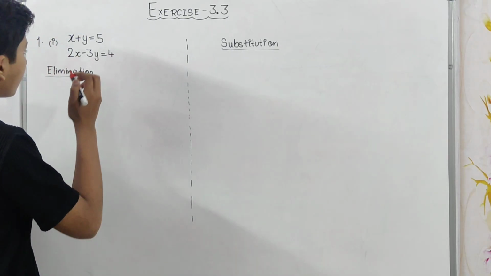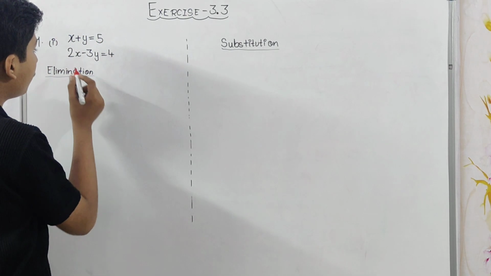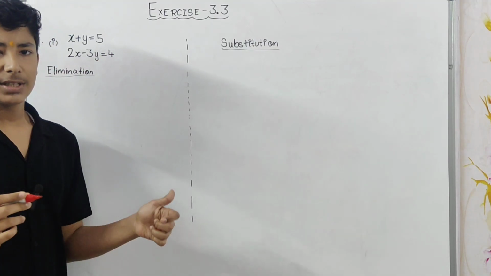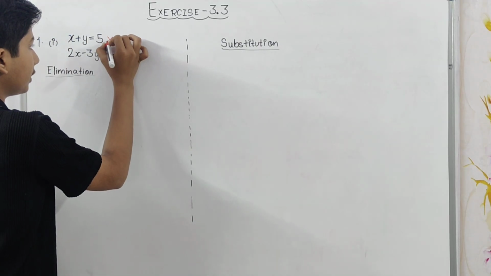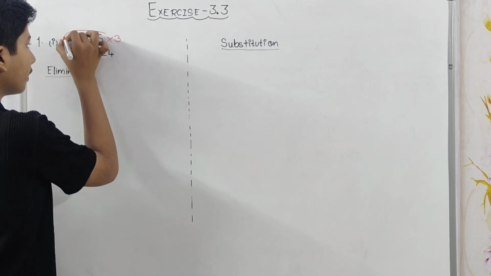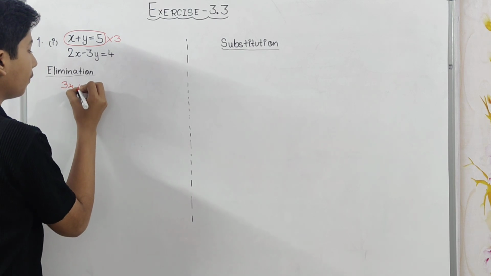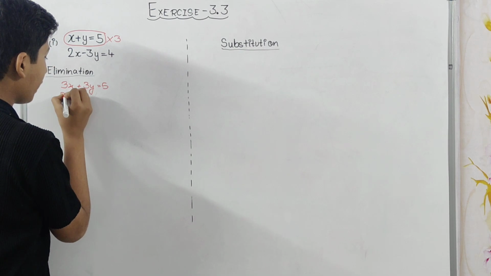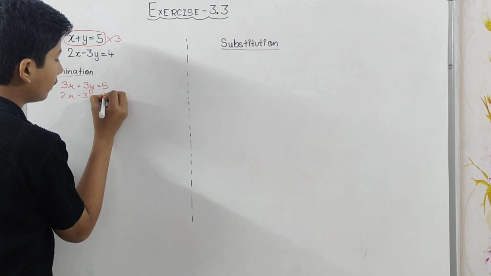Now let's see. Firstly, here x plus y equal to 5 and 2x minus 3y equal to 4. I wish to cancel y. So what I do? Multiply this equation with 3. So we get the equation 3x plus 3y equal to 15 and 2x minus 3y equal to 4.